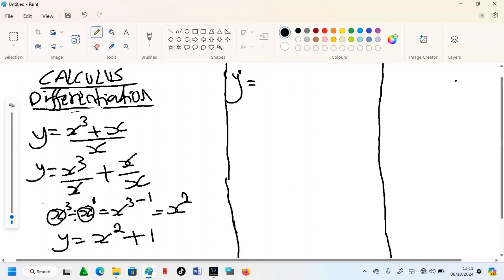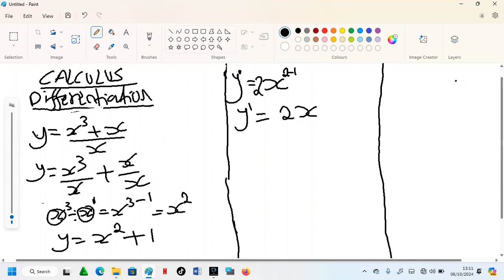So y prime is going to be equal to, now we are going to drop the 2 down here from the power, and then we are going to subtract 1 from 2. And then for the 1, we will always just drop the constant. While differentiating, if you have a constant, you just drop it. So our final answer is going to be 2x to power 1, of which we do not have to write power 1. Just x.